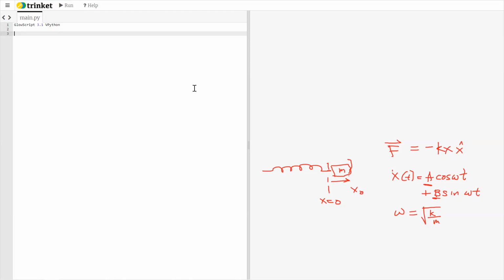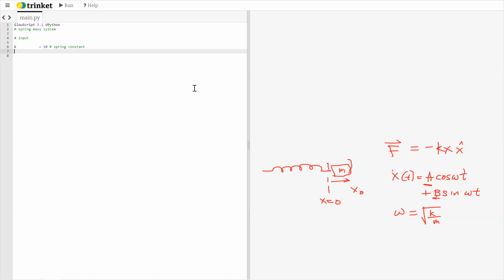For the inputs, first we put the system, and we only need the spring constant as the input. K, let's say, is equal to 10. Spring constant. And maybe the initial position x naught.